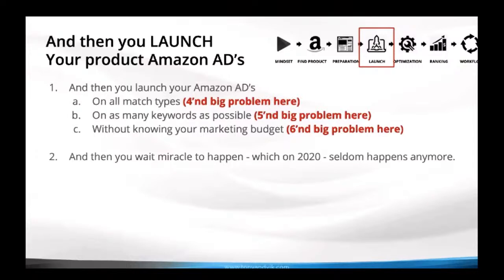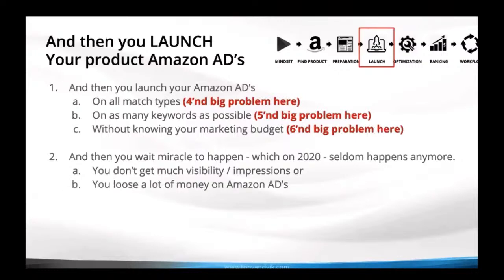And then you wait for a miracle to happen, which in 2020 seldom happens anymore. So pretty often your product in ads doesn't get much visibility or impressions, right? Or clicks. Or another version is that you lose a lot of money on ads.